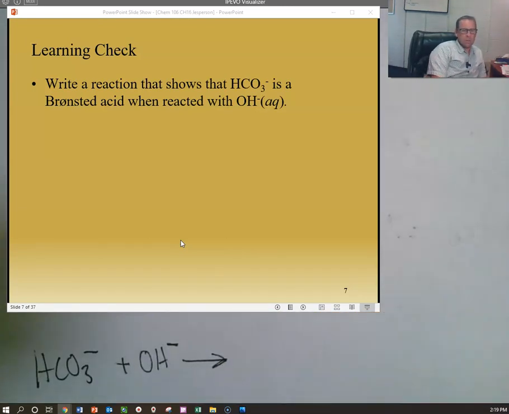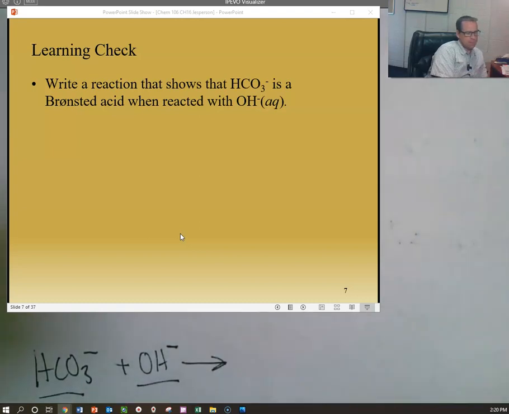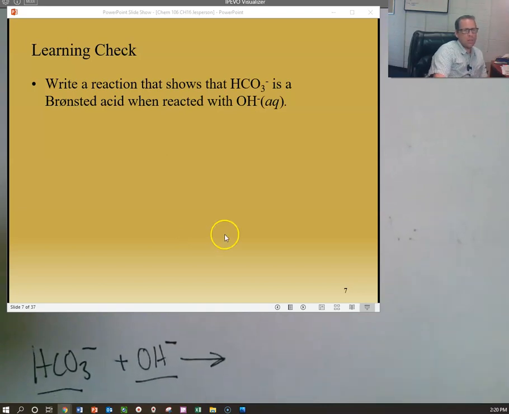Now the question is, who's going to give the proton and who's going to take the proton? Who's going to be giving up a proton in this reaction, Camille, and how do I know? It's either this species or this species. This is a bicarbonate ion, and this is the hydroxide ion. And the answer is in the question up here.